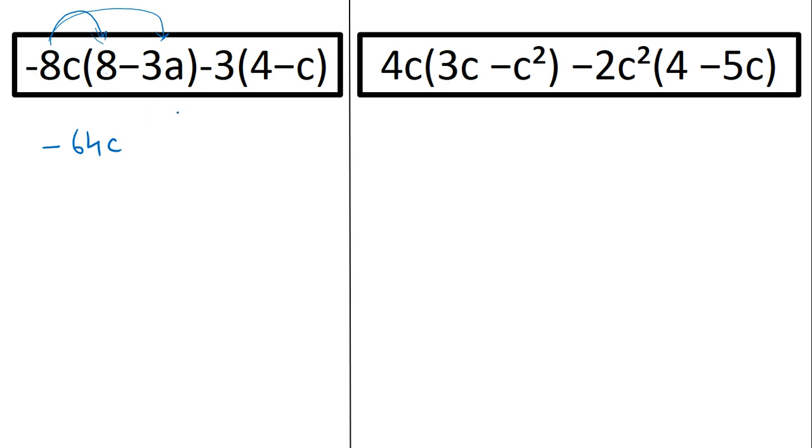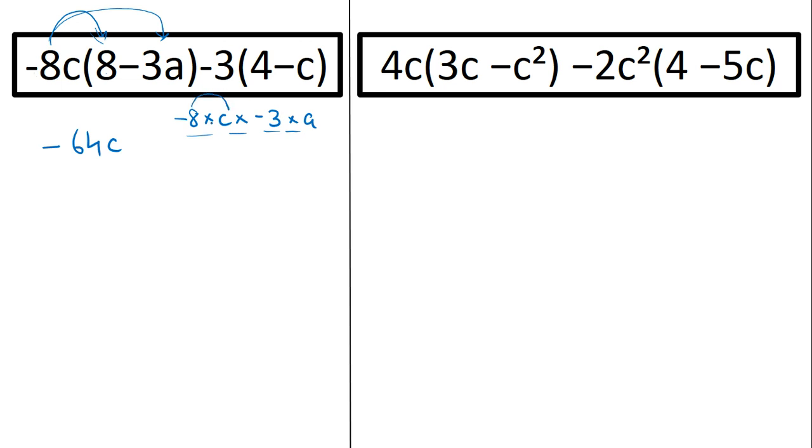Now you've got to be doing it carefully. It's minus 8, let's say, times C, then times minus 3 times A. In multiplication, there is nothing such as like terms or unlike terms. Whatever has to be multiplied is just multiplied with each other.